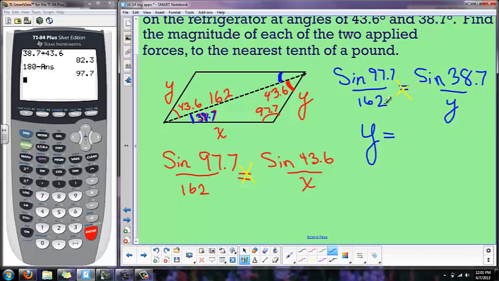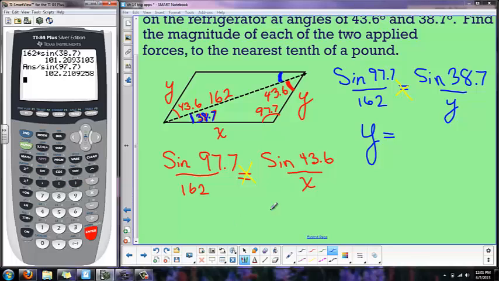So what I'm going to do is 162 times the sine of 38.7, hit enter, and then I would divide by sine of 97.7.